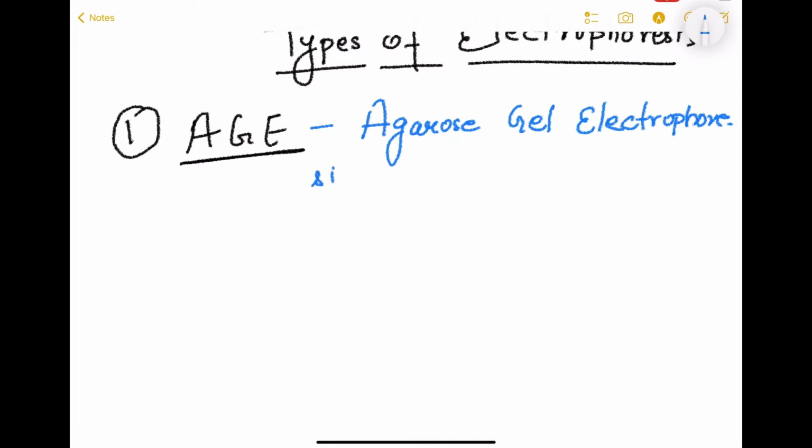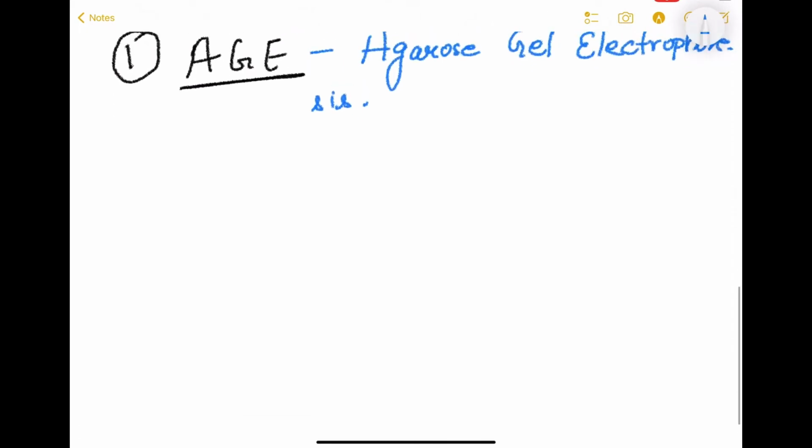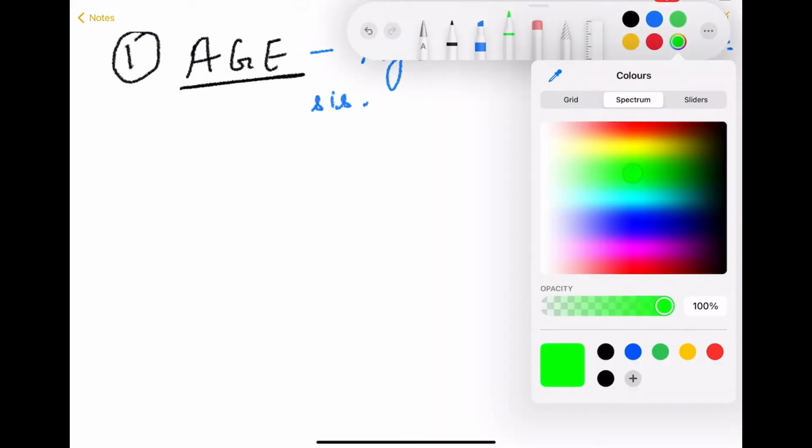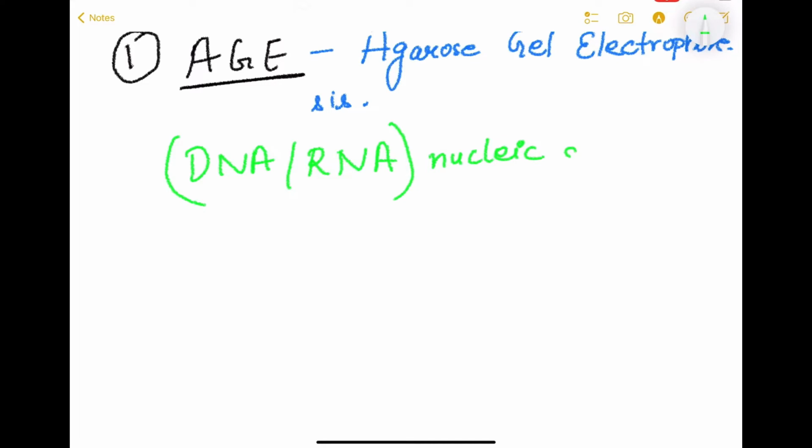It stands for Agarose Gel Electrophoresis, and this type is used for the separation of DNA and RNA, which are nucleic acids. So this method is applicable for nucleic acid separation.